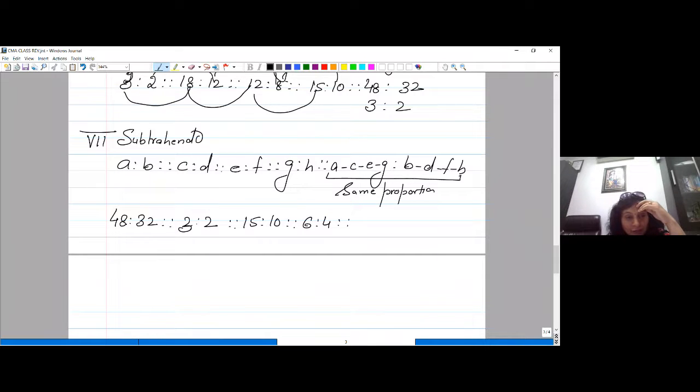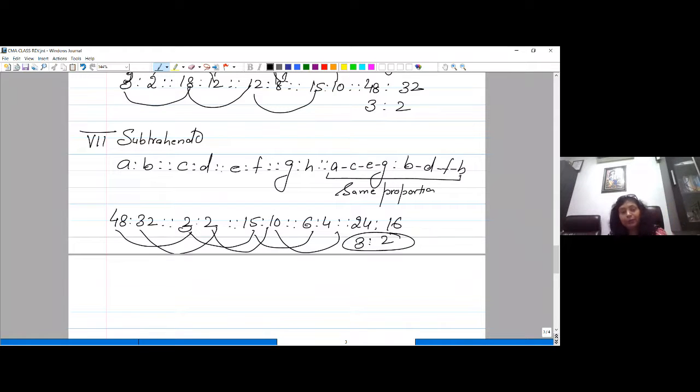That means 48 minus 3 is 45, 45 minus 15 is 30, 30 minus 6 is 24. And 32 minus 2 is 30, 30 minus 10 is 20, 20 minus 4 is 16. So they are also in the same proportion: 8 threes are 24, 8 twos are 16.